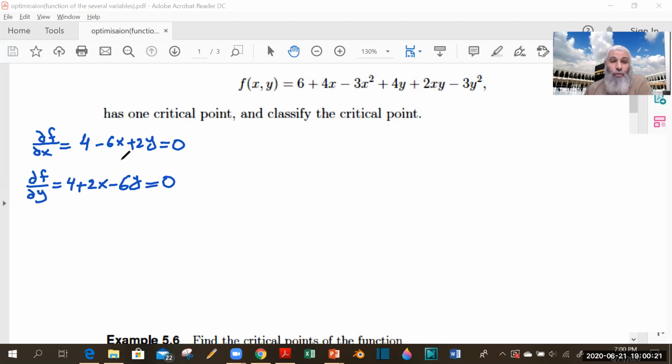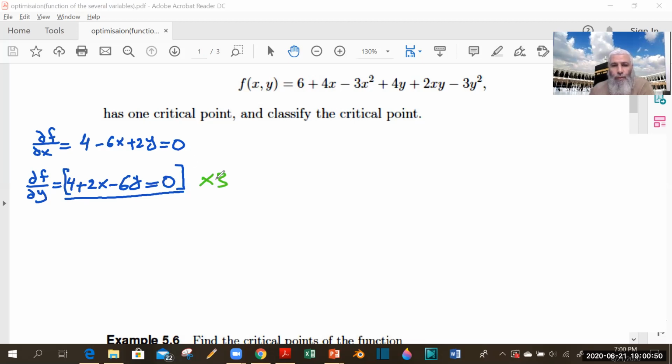These two equations we can multiply, let's say, we can multiply this equation by 3.